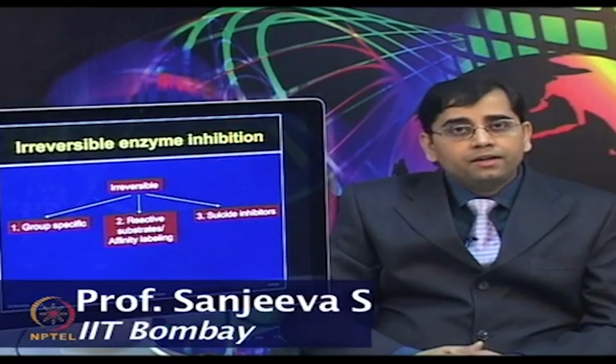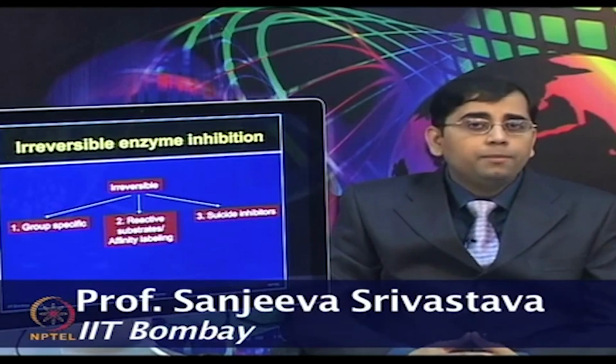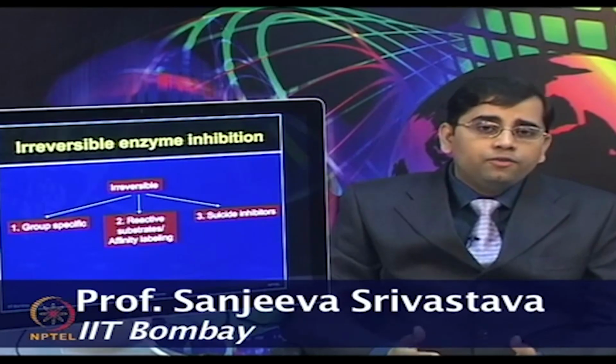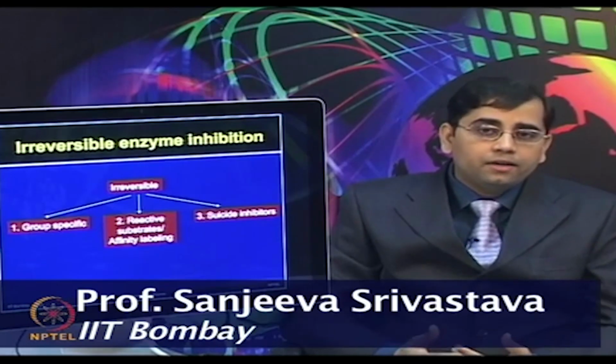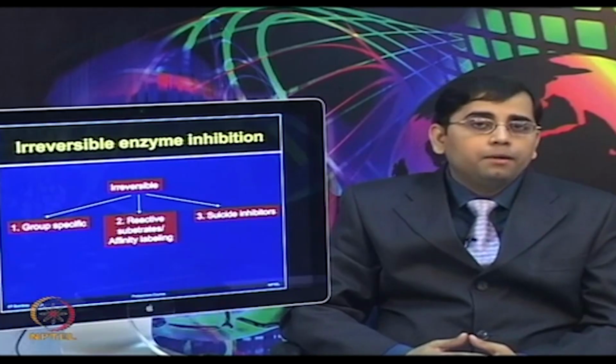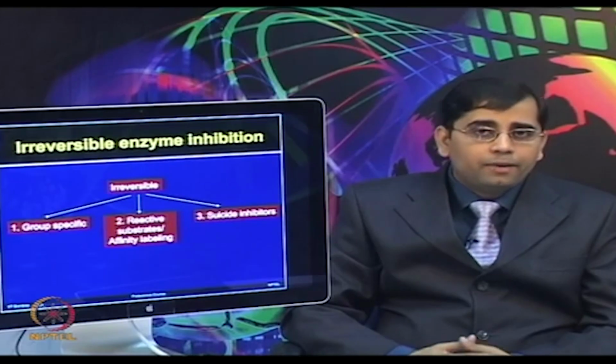Let us take the very classical example penicillin, the first antibiotic which was discovered. It was irreversibly inactivating a key enzyme, transpeptidase, in bacterial cell wall synthesis and killed the bacteria.